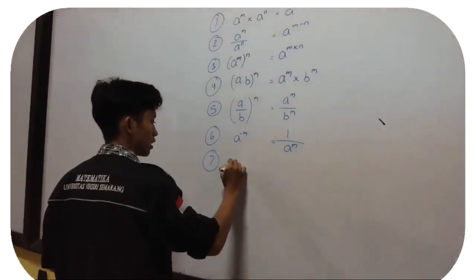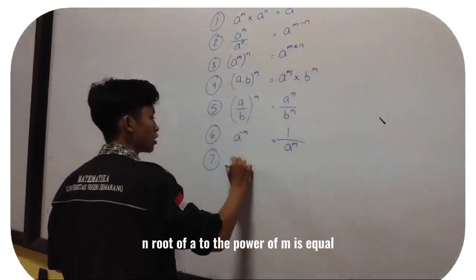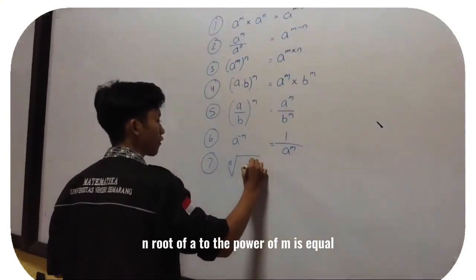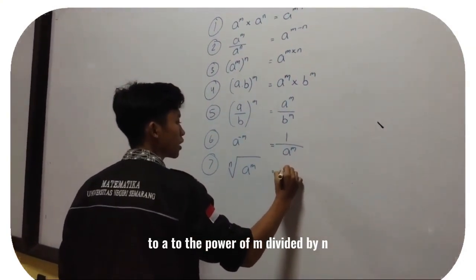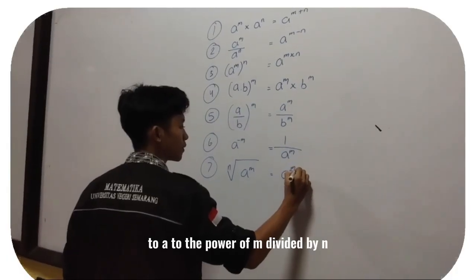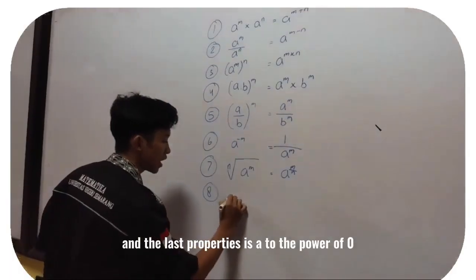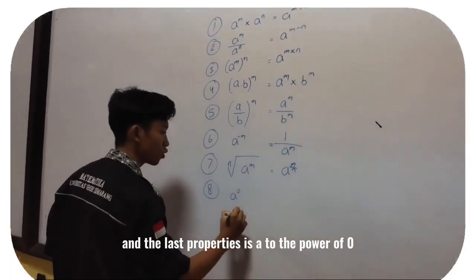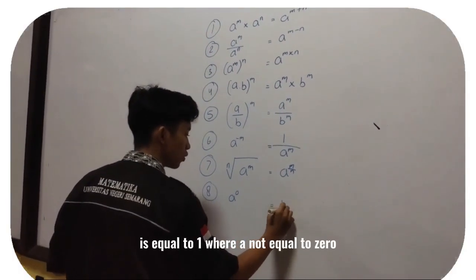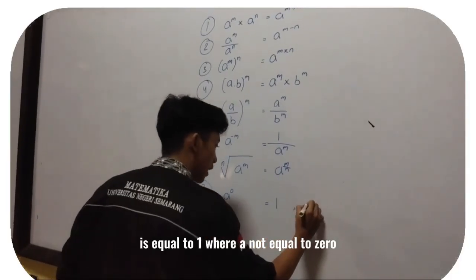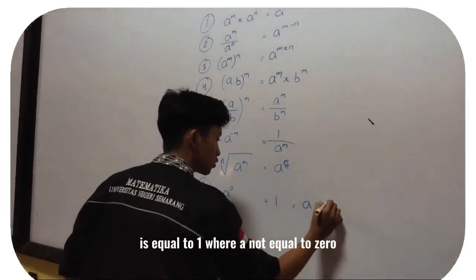Next, the n-th root of a to the power of m is equal to a to the power of m divided by n. And the last property is a to the power of 0 is equal to 1, where a is not equal to 0.